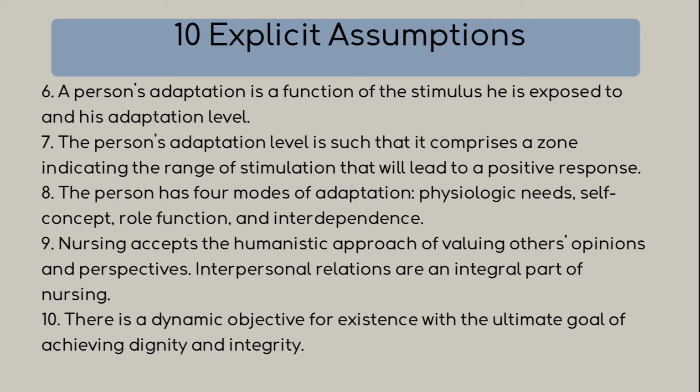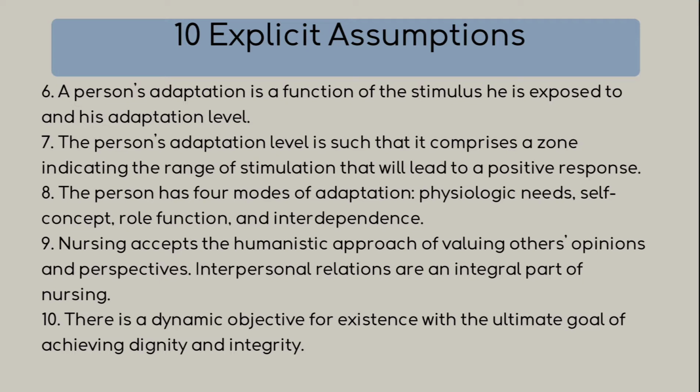Number 6, a person's adaptation is a function of the stimulus he is exposed to and his adaptation level. Number 7, the person's adaptation level is such that it comprises a zone indicating the range of stimulation that will lead to a positive response. Number 8, the person has four modes of adaptation: physiologic needs, self-concept, role function, and interdependence.